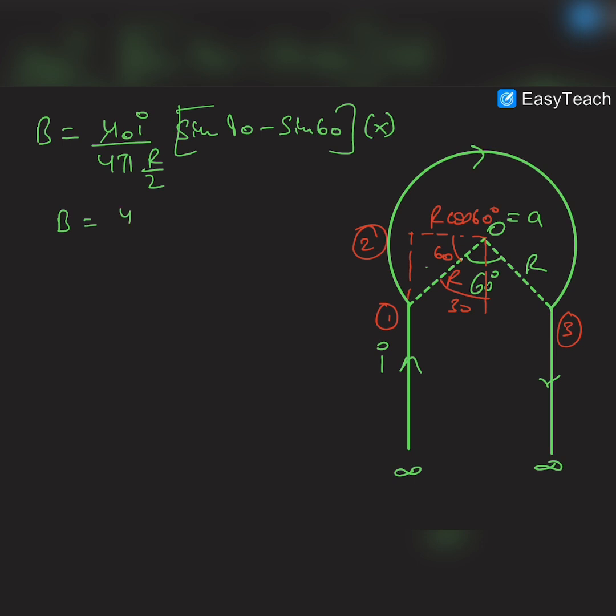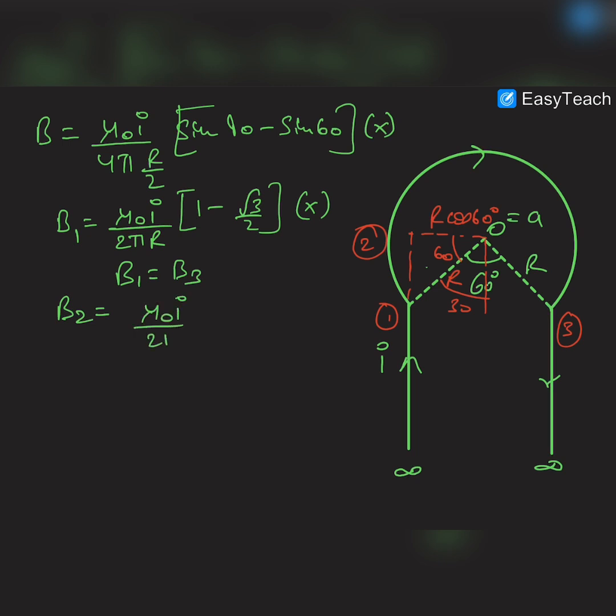So B will be equal to mu naught I by 2 pi R, sine 90 is 1 and sine 60 is root 3 by 2. Direction is inward. This is B1, and B1 will be equal to B3. B2 will be the magnetic field due to this arc, and the magnetic field due to the arc will be again mu naught I by 2R.